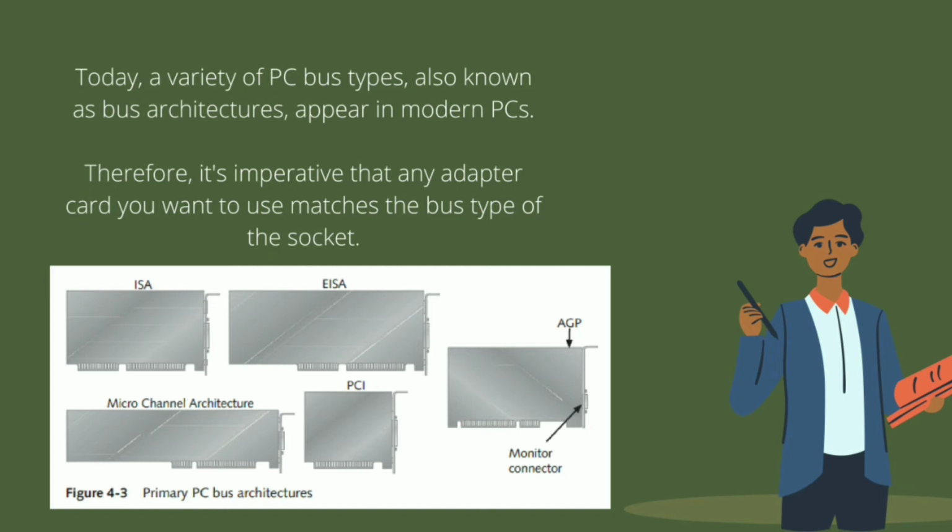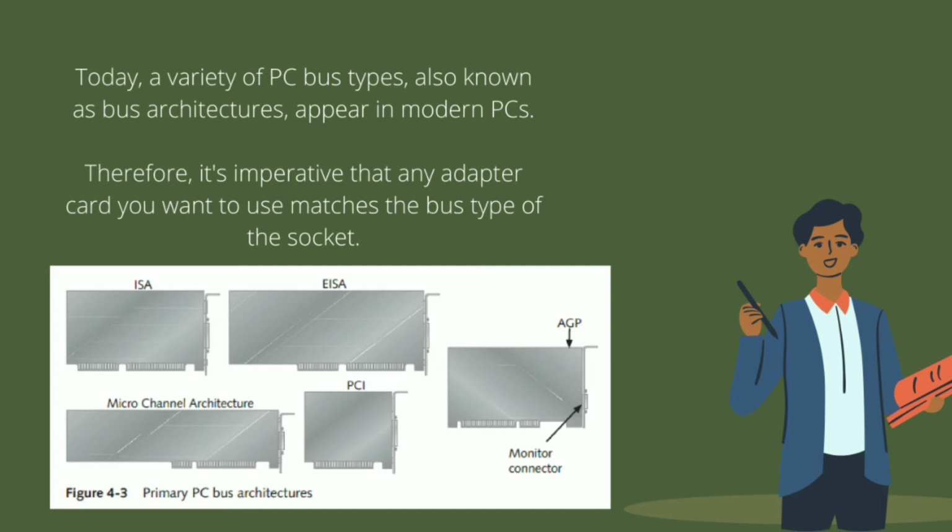Fortunately, as Figure 4.3 illustrates, distinguishing among these bus type architectures is straightforward. Here you can see in the image, Figure 4.3, the primary PC bus architectures.